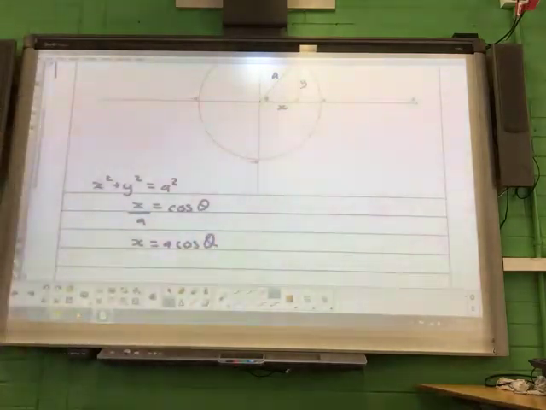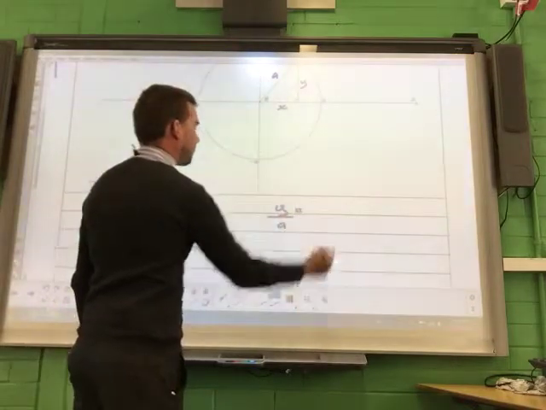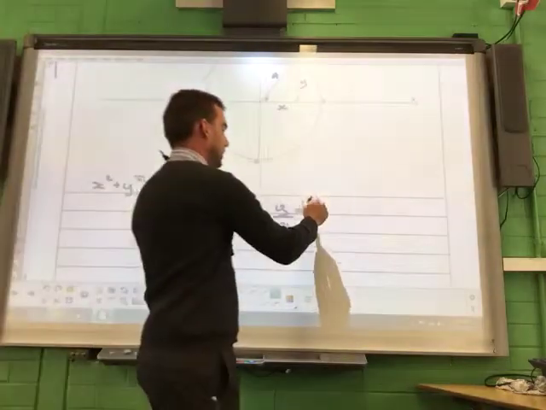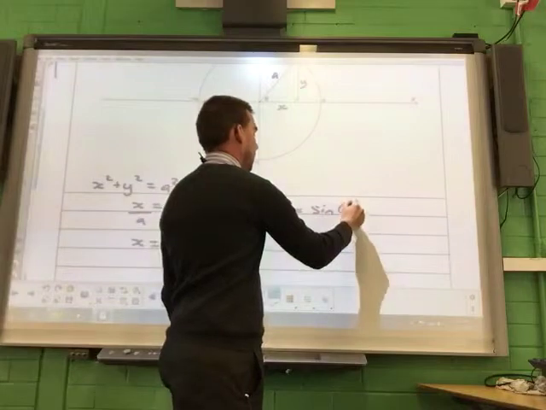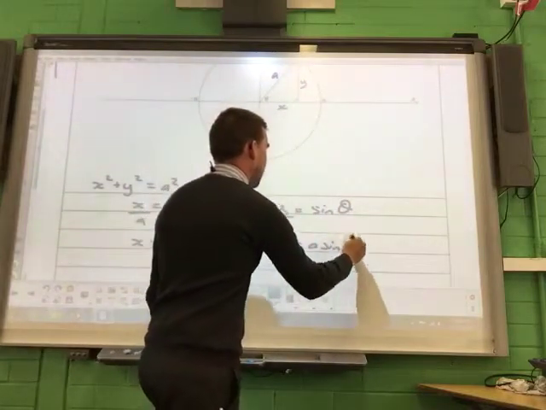The x value will be whatever the radius is times cos theta, whatever angle you're up to. Now y over A: in the diagram I've got the opposite to the angle theta over the hypotenuse A. So what's the opposite over hypotenuse? Sine theta. So y is equal to A sine theta.